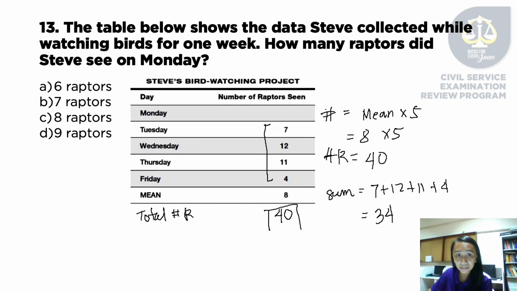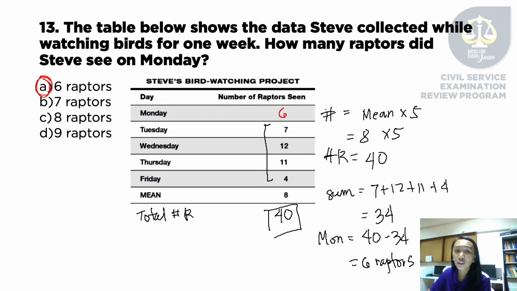At alam natin na yung ating sum ng raptors na nakita ay 40. So, the number of raptors na nakita nung Monday ay 40 minus 34. That would be 6 raptors. Okay, so the correct answer for this number is letter A, 6 raptors.